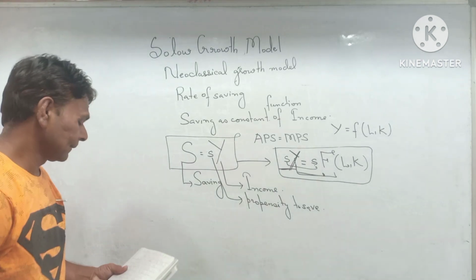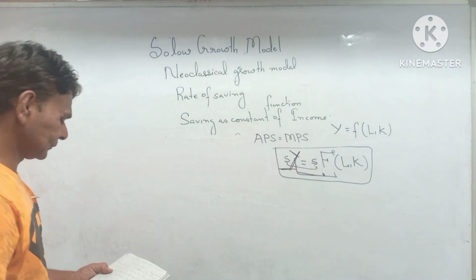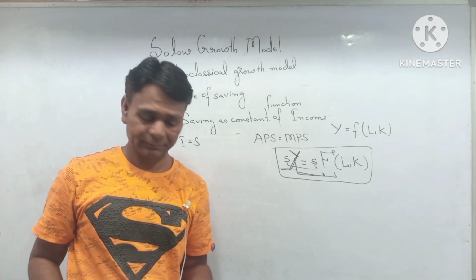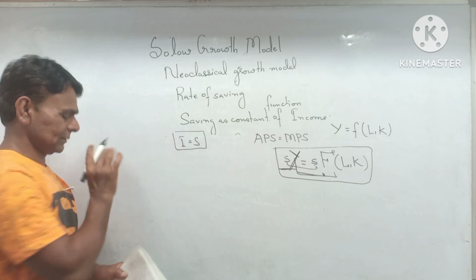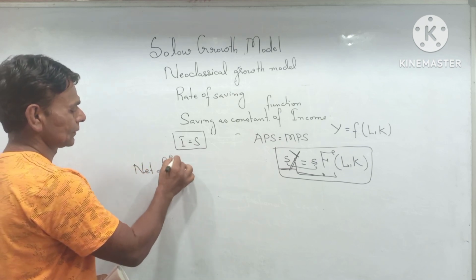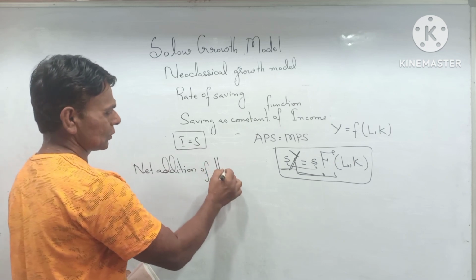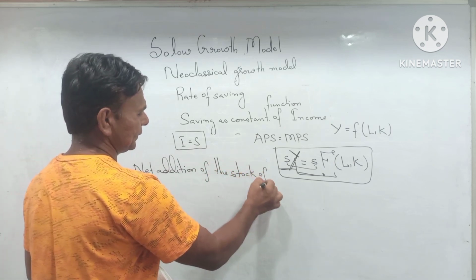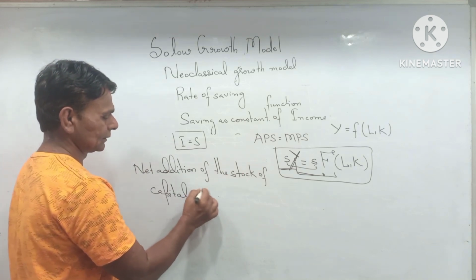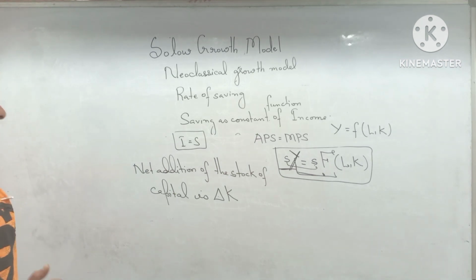Now move to planned investment equals planned saving. Simply, planned investment I equals S, that is, saving equals investment. First thing, the net addition of the stock of capital is delta K, indicating the change in the stock of capital.